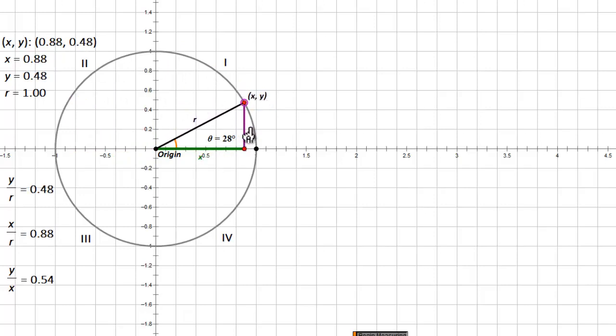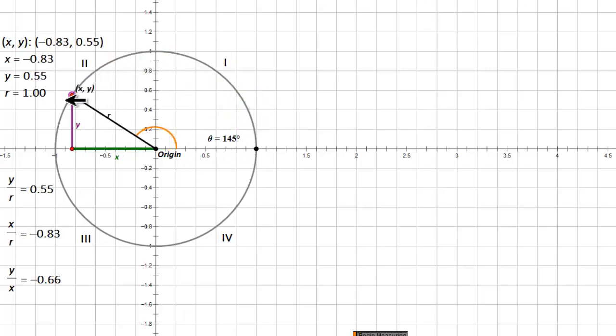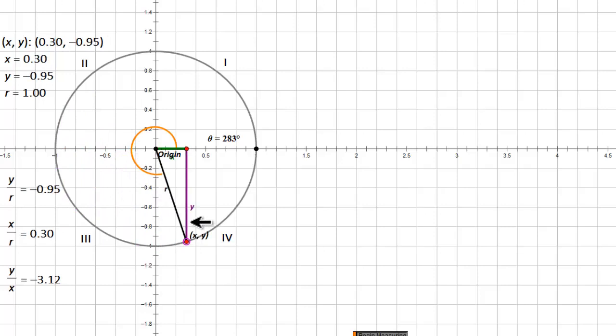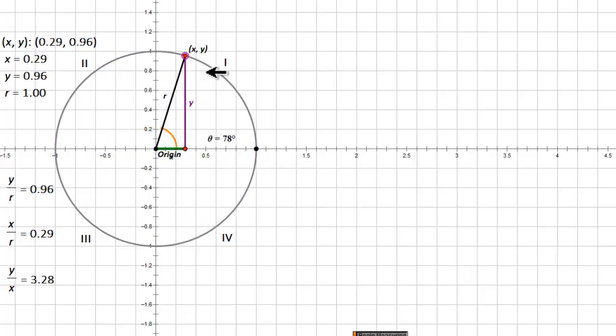That has to do with the fact that you've gone x over y, in this case positive over positive, in this case x is negative, so negative over positive, and then negative over negative, right? I'm talking about tangent at this point, relating x and y. However, you could be relating y and r or x and r as we have. So this is kind of a visual.